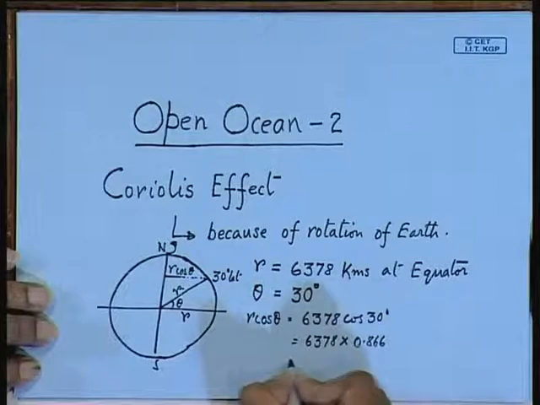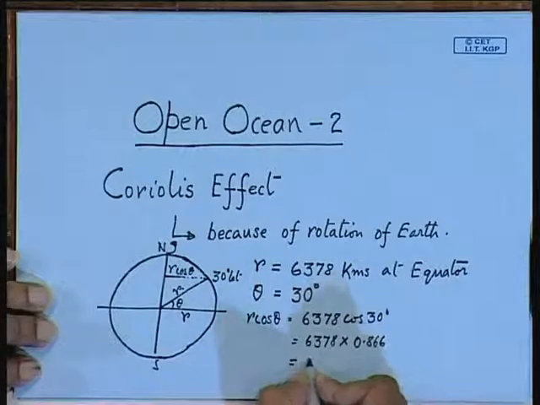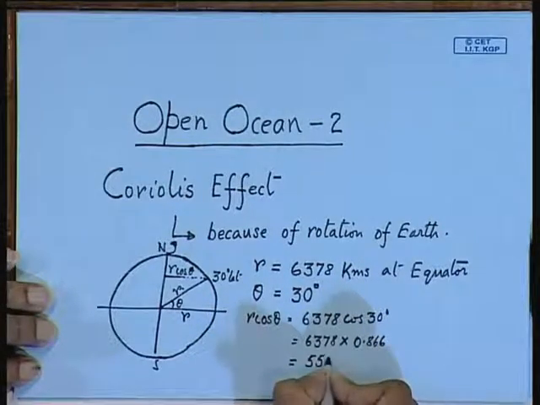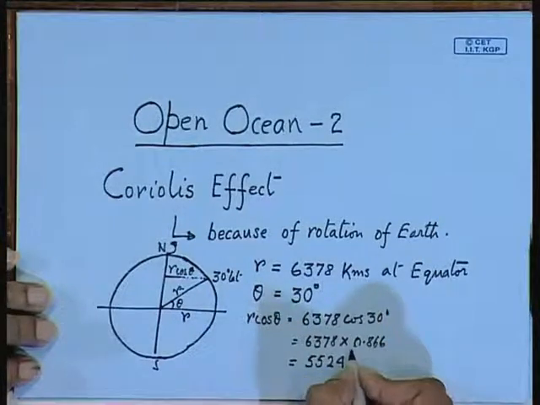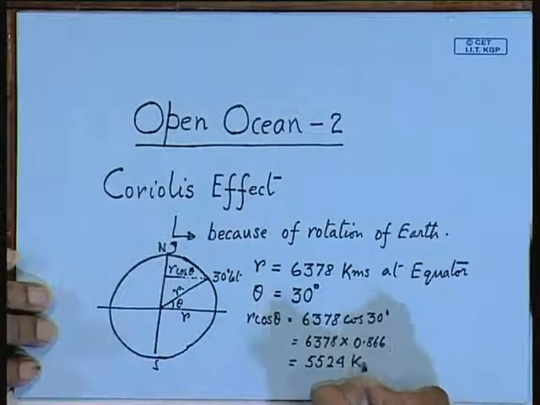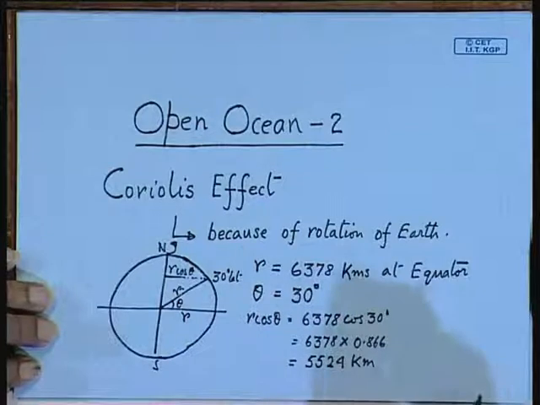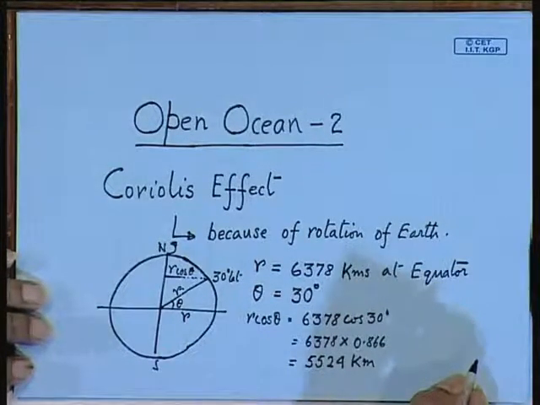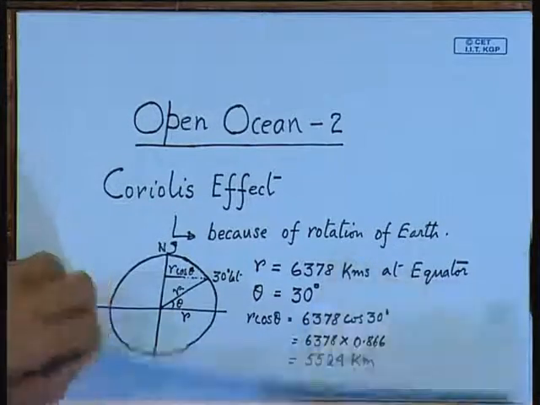So, this gives us 5524. So, radius is shorter by how much? So, more than 700 kilometers.